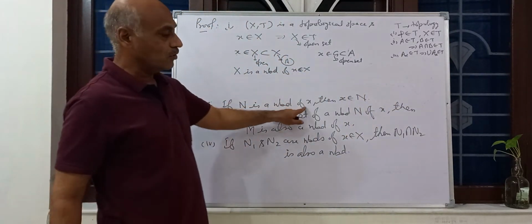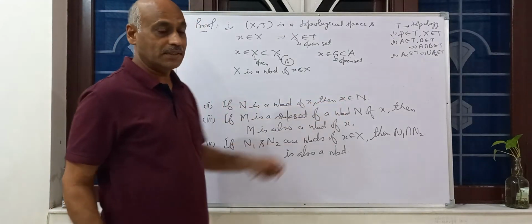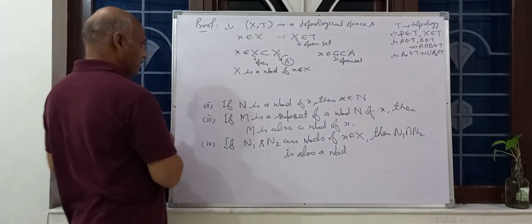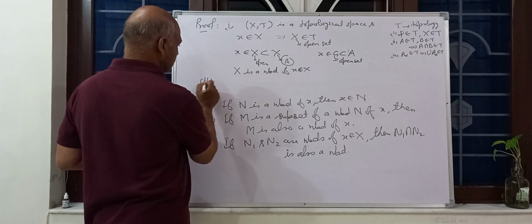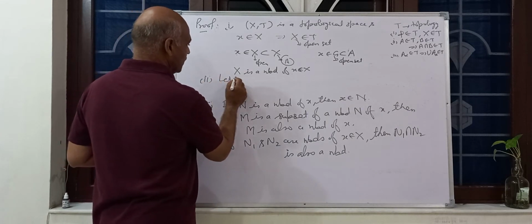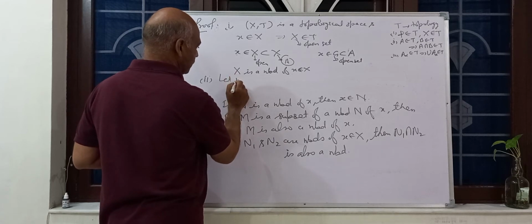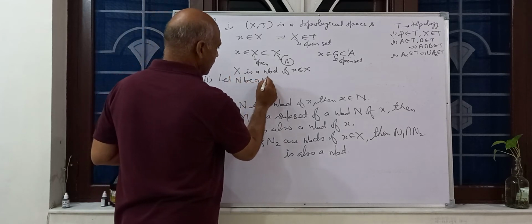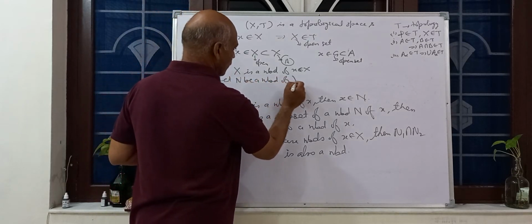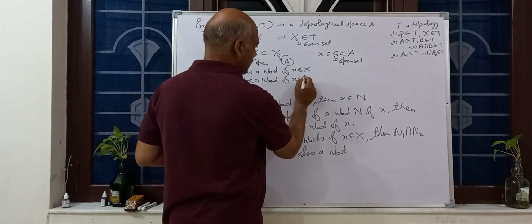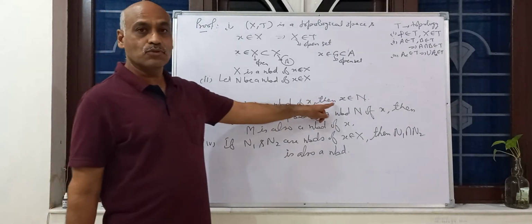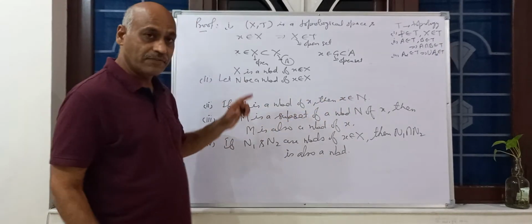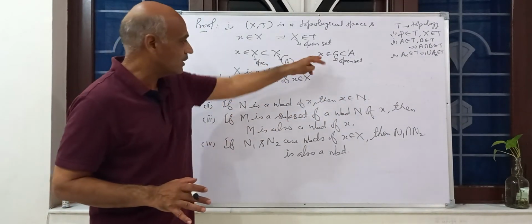Now comes the second. If N is a neighborhood of x, then x belongs to N. Let N be a neighborhood of x. We have to show that x belongs to N. Now we will use the same definition.